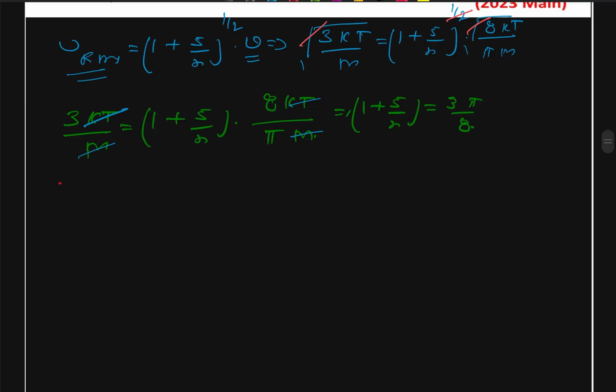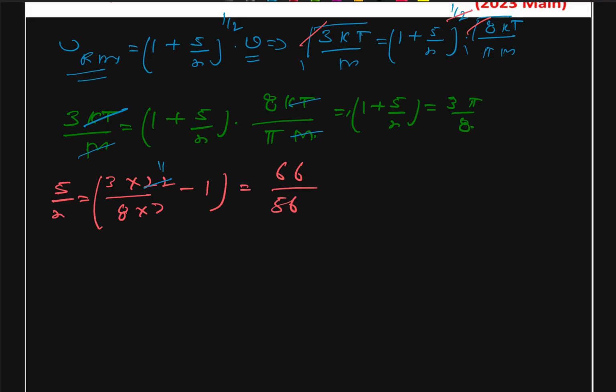We get 5 upon x is equal to 3 multiplied by 22 upon 8 multiplied by 7 minus 1. This will be 66 upon 56.